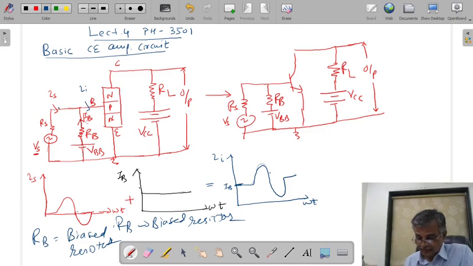Now, this supply provides DC current, and that current I am writing IC.